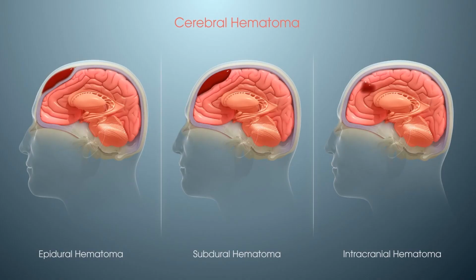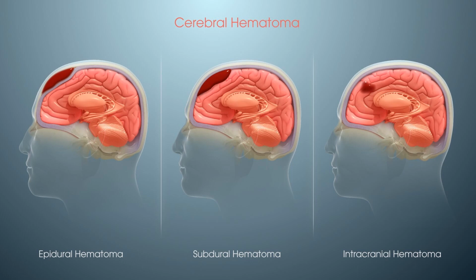There are a few different places where you can have hemorrhage. So here are pictures of cerebral hematomas. The first image is an epidural hematoma. Epi means above or upon the dura layer. So that is bleeding outside of the brain and outside of that CSF layer, but inside of the skull.